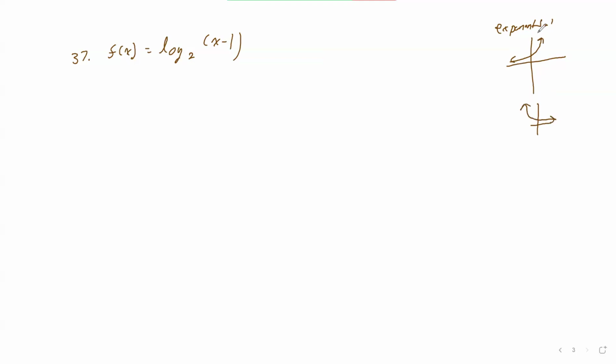You had exponential growth or decay. Well, logarithmics do something like this, or like that. So instead of the x-axis not being crossed, it's the y-axis that it doesn't cross.